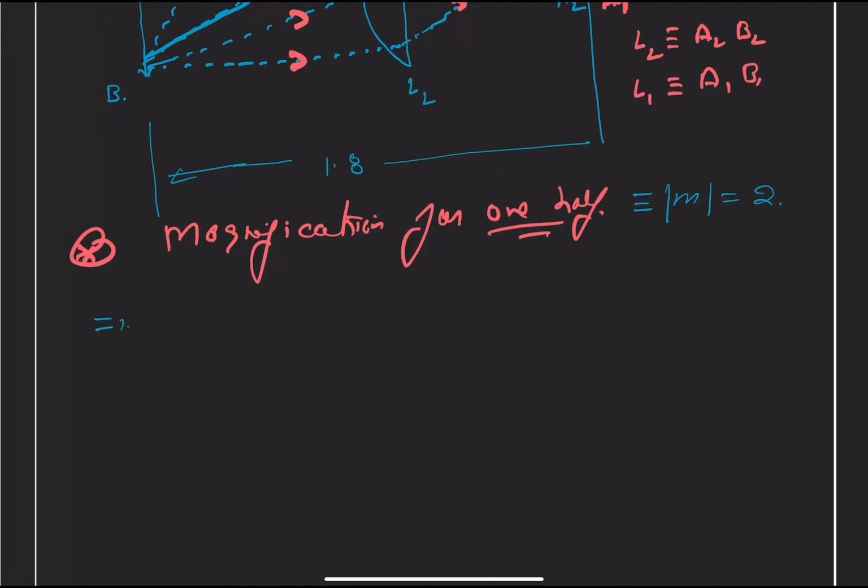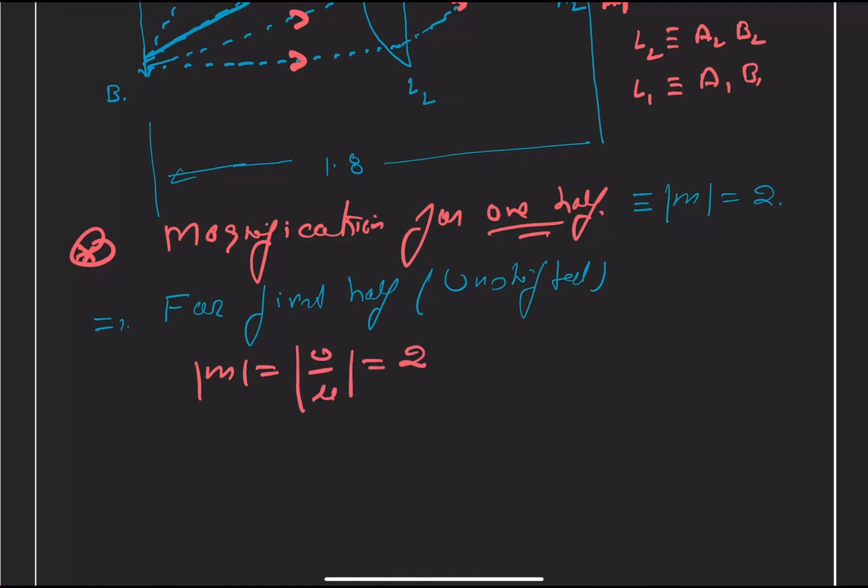So we say that for the first half which is our unshifted, we can write that our M is equal to V upon U, which will be coming as 2.